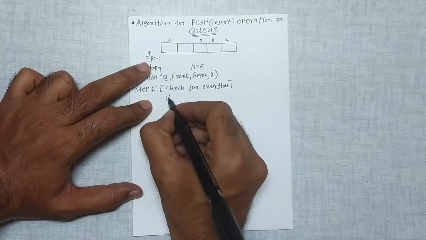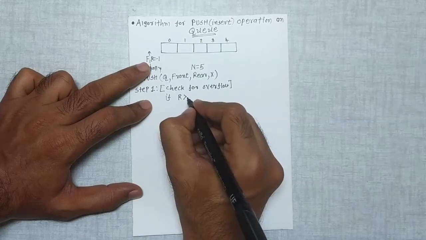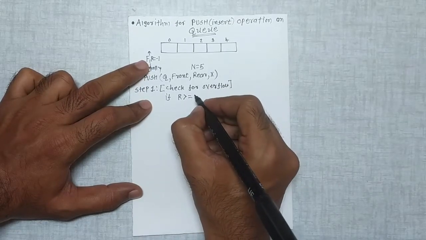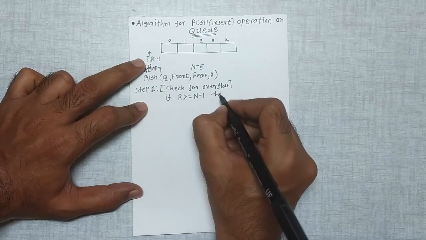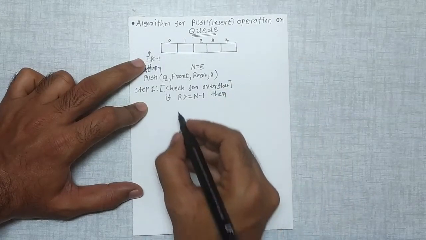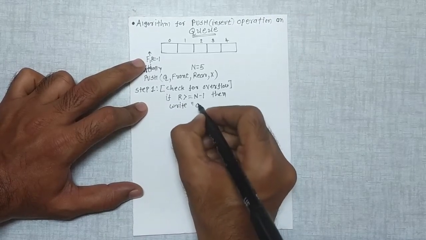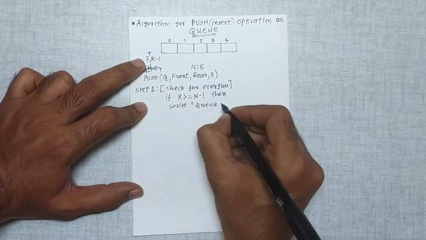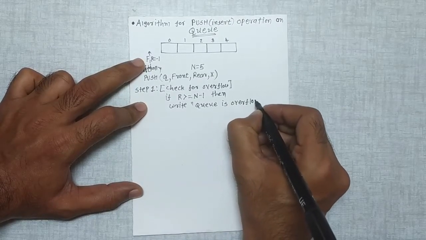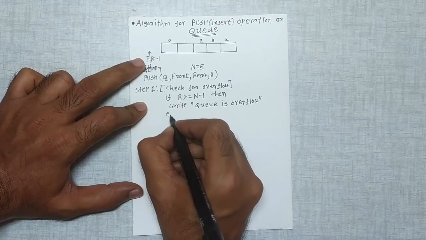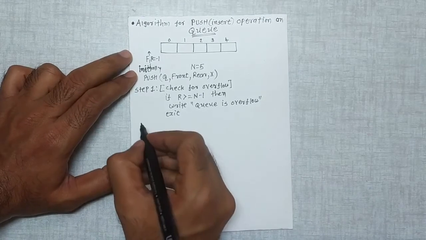So if r is greater than or equal to n minus 1, in this case we cannot perform the insert operation. So simply write q is overflow, and exit from the algorithm. So this is for the overflow condition.